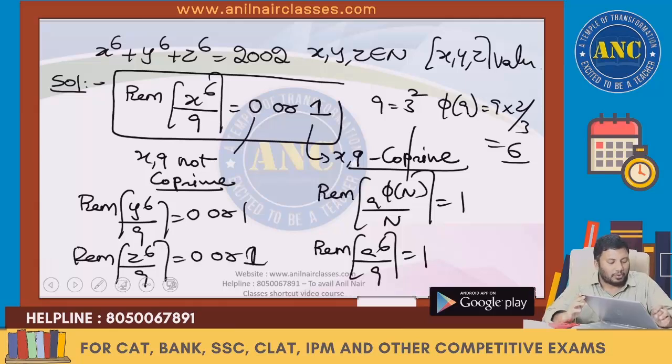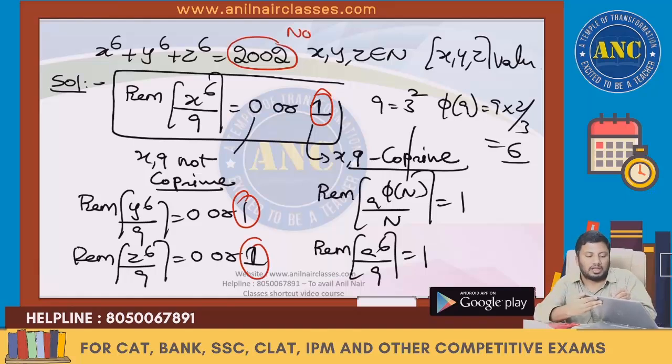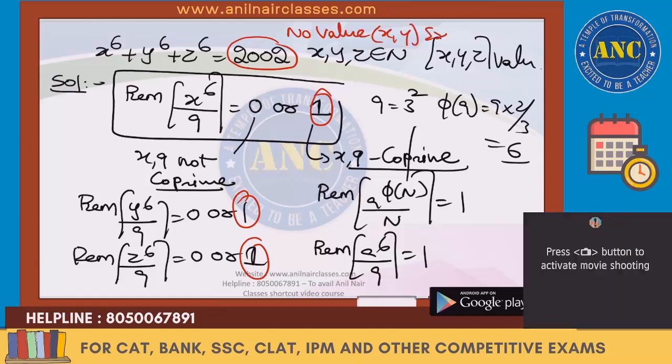So what is the maximum remainder that I will get? 1 plus 1 plus 1, 3. What is the digital sum of this question? 4. So the answer is no value x, y exists. Good question, but the only thing is that you should know this Euler quotient function. Then the question can be solved in 5-10 seconds.